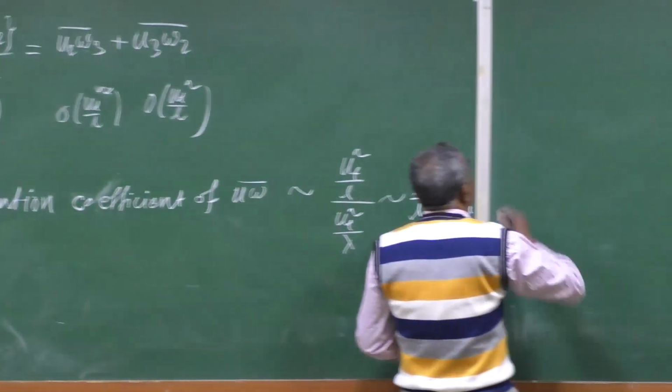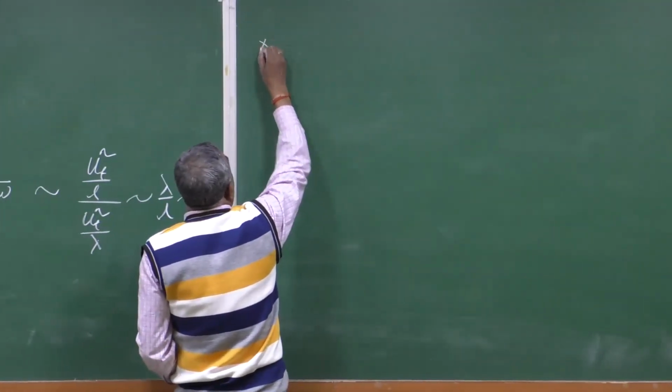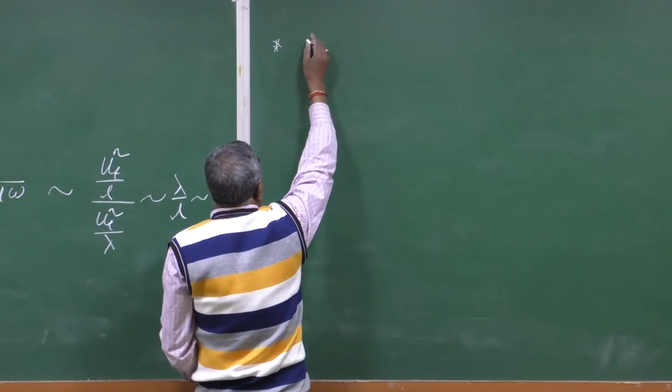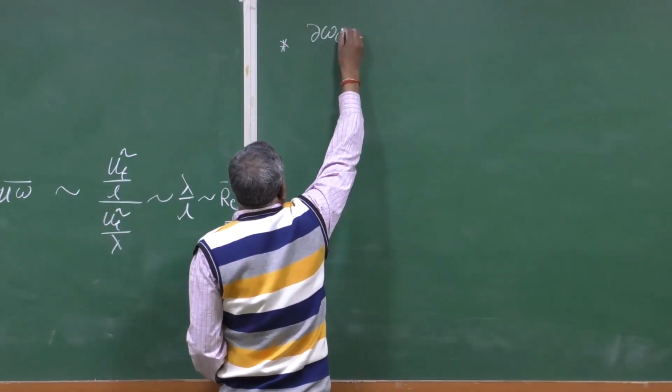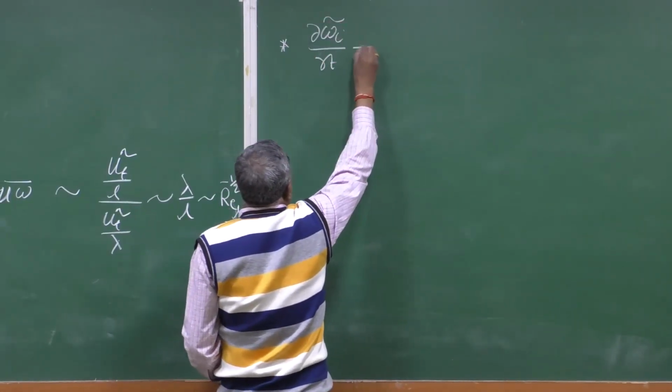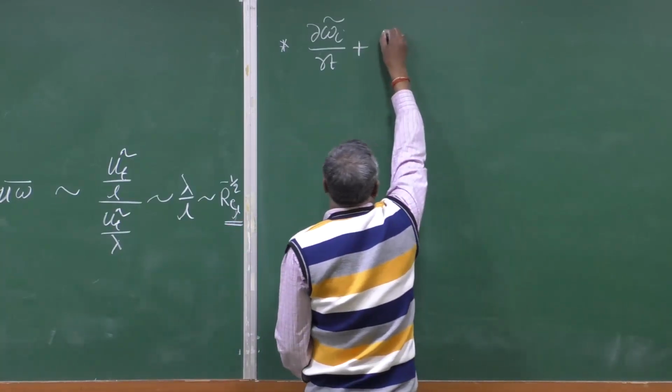Let us consider the vorticity equation which we found in the last class and which I wrote today as well. Let me write the equation once again to go ahead with the Reynolds decomposition and time average of that equation.